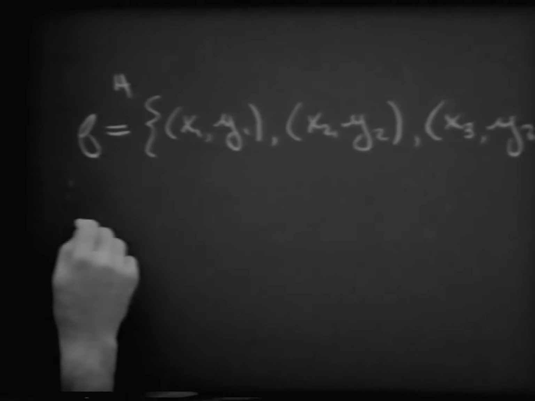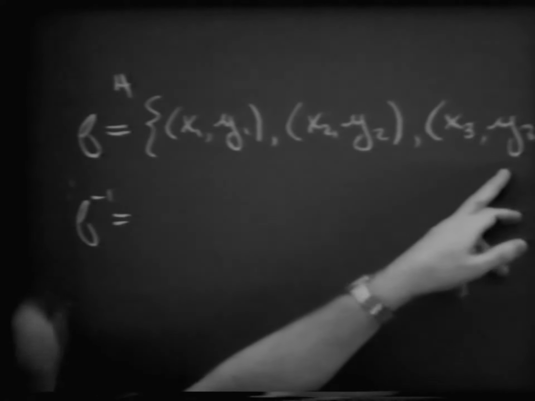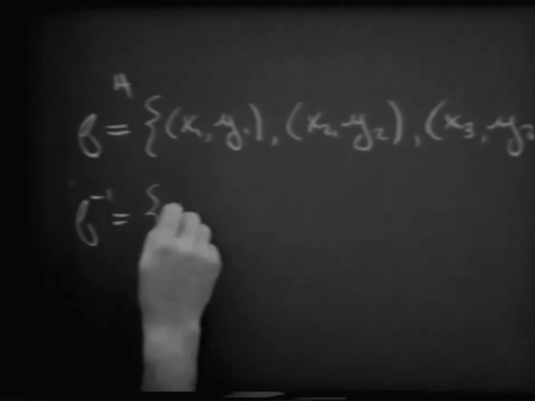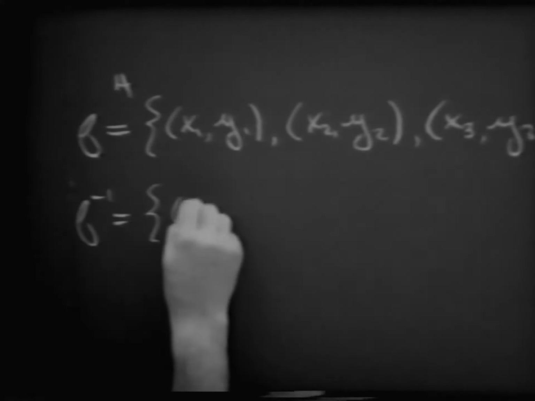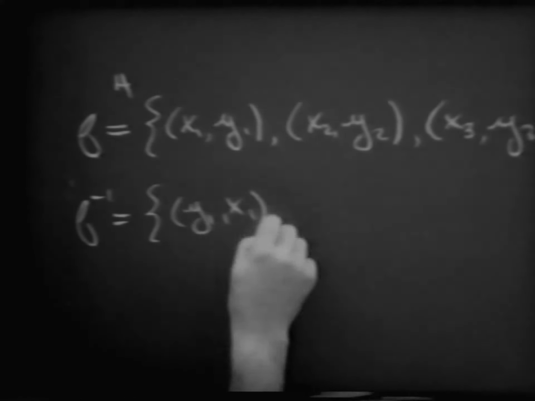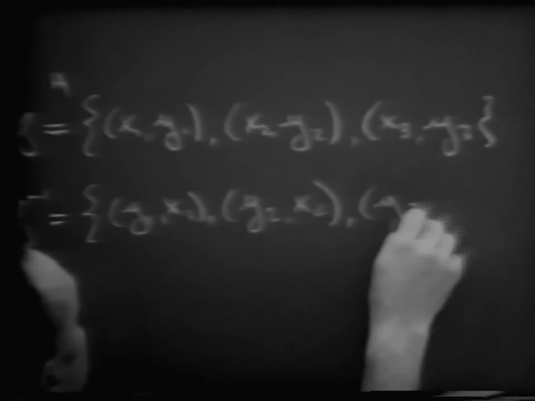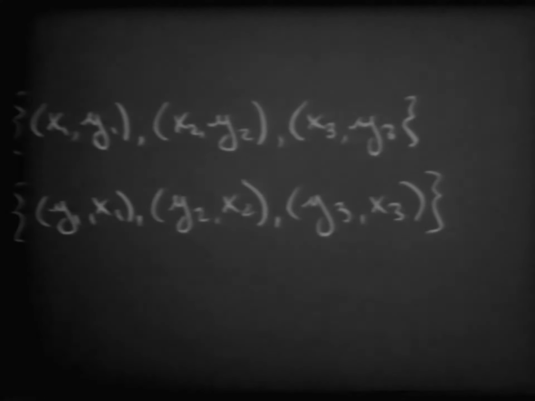If I then wanted to write f inverse, simply looking at our ordered pairs, how may we do so? A very simple way in which we can do that, Peter, is to just switch them around, in which the first element is now going to be what? Y sub 1 comma x sub 1, y sub 2 comma x sub 2, y sub 3 comma x sub 3 is then going to be its inverse function.